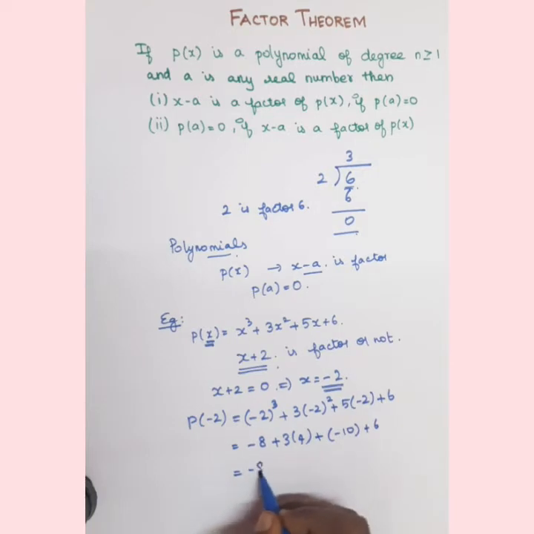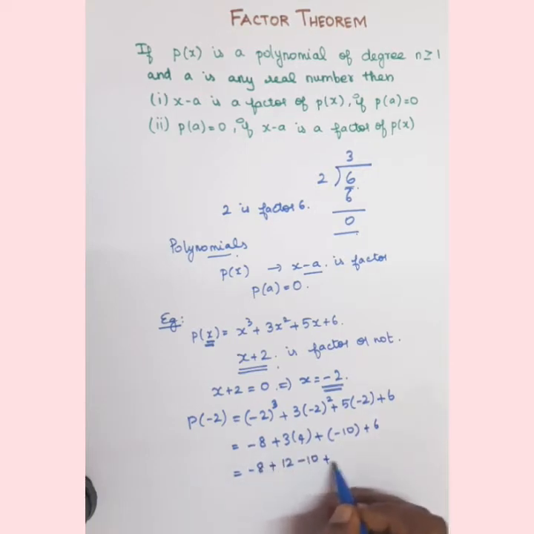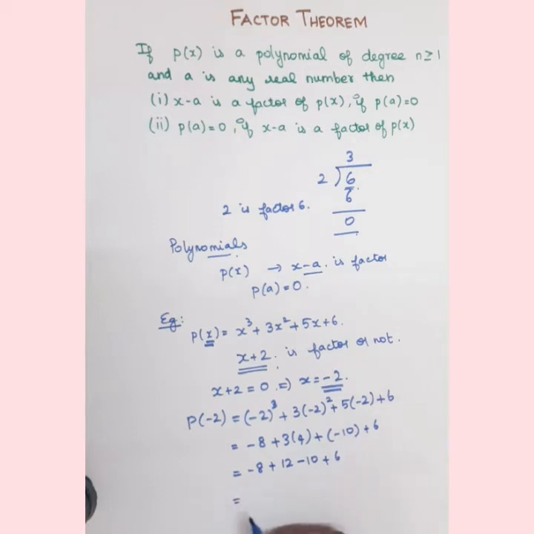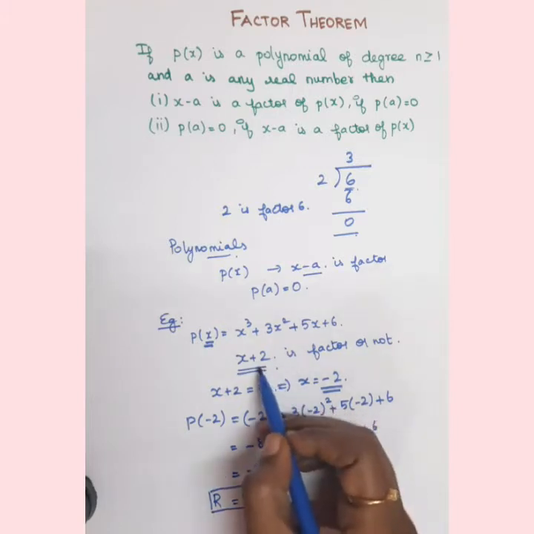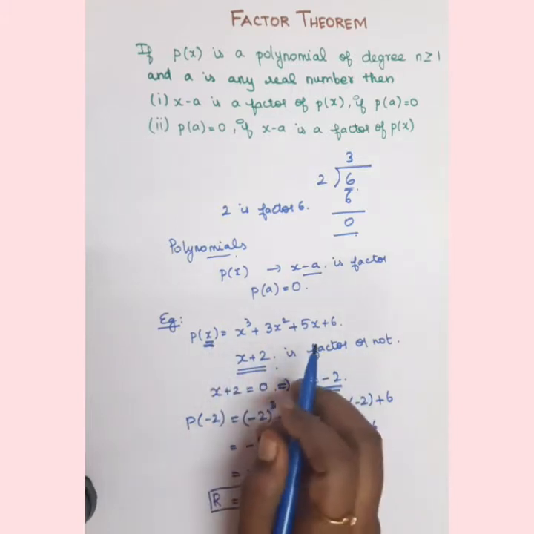So you get minus 8 plus 12 minus 10 plus 6, which is equal to: minus 8 plus 12 is 4, 4 minus 10 is minus 6, and plus 6 gives 0. Therefore the remainder is 0. So x plus 2 is a factor of p of x.